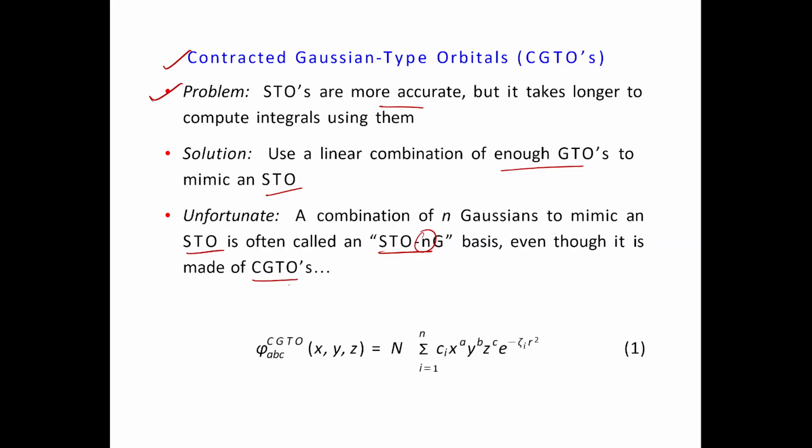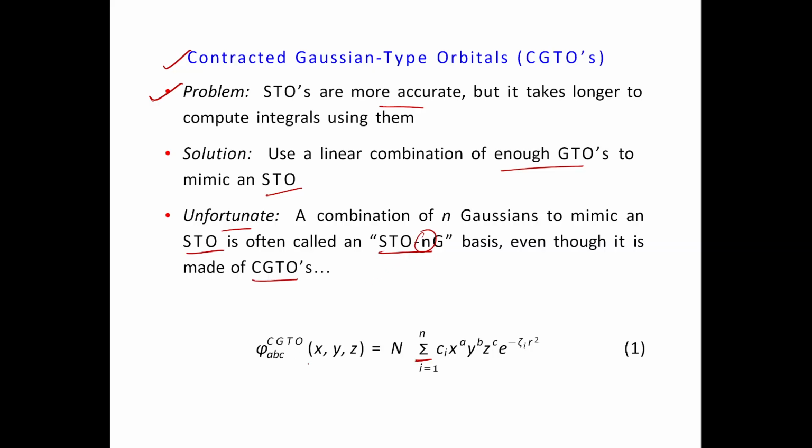That means that to mimic one Slater type orbital, you need n Gaussians, even though it is made of contracted Gaussian type orbitals. So why is this called unfortunate? When you take the summation here, you are forming a contracted Gaussian type orbital to mimic a Slater type orbital, but the basis set is named STO-NG. So this is just a nomenclature.